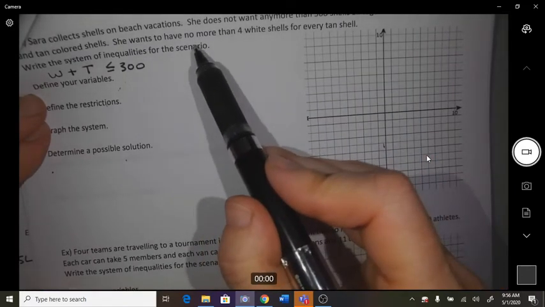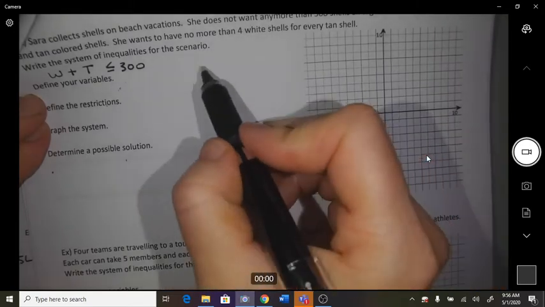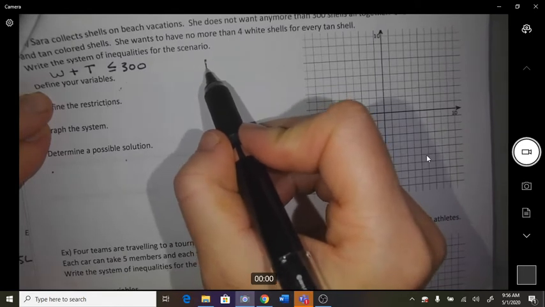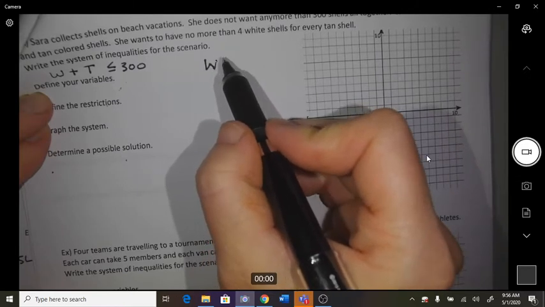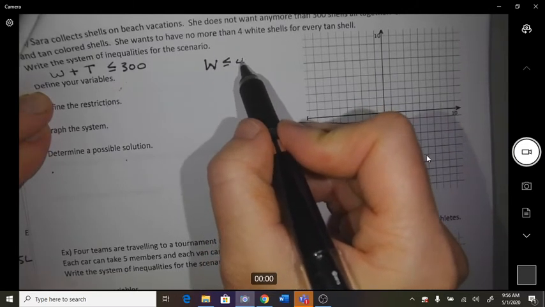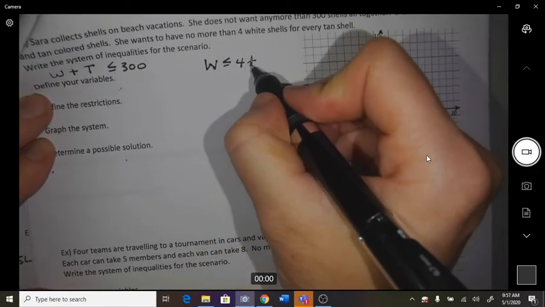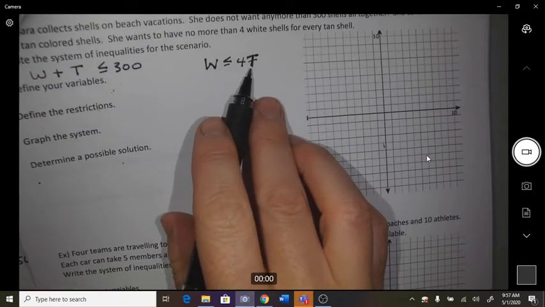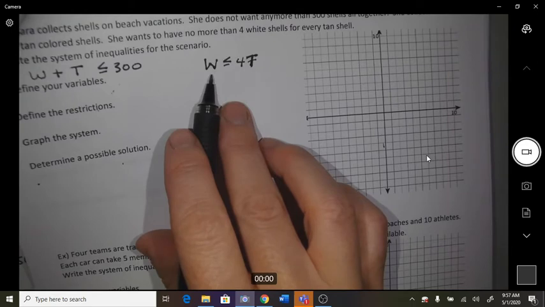She wants to have no more than 4 white shells for every tan shell. For every, so I always try to kind of write it, and then let's say if you had 2 tan shells, then your white can't be more than 8.